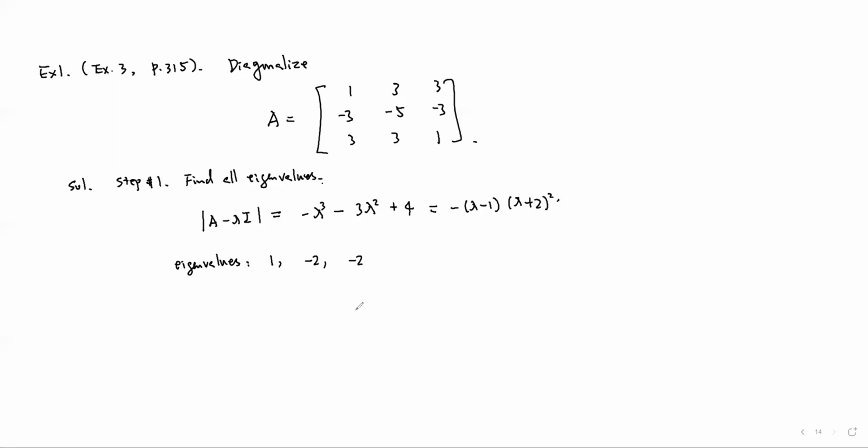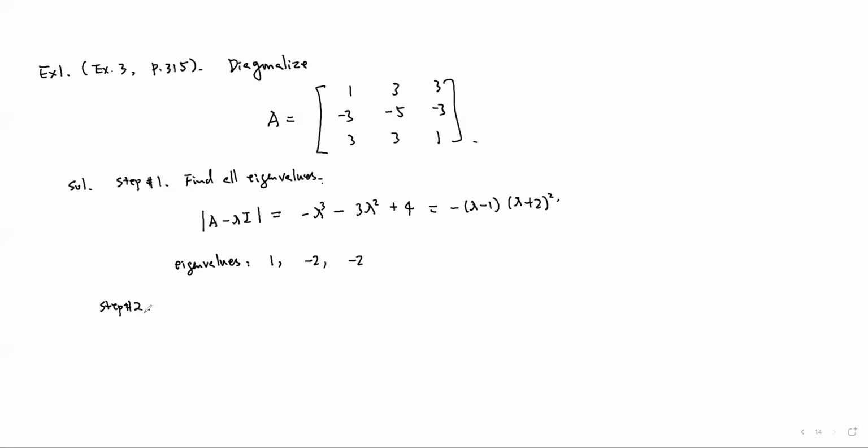So 3 eigenvalues. Negative 2 is an eigenvalue with multiplicity 2. It is a double eigenvalue. Eigenvalue 1 has multiplicity 1. It is a simple eigenvalue.